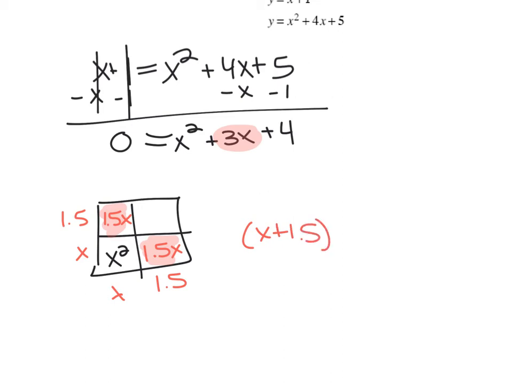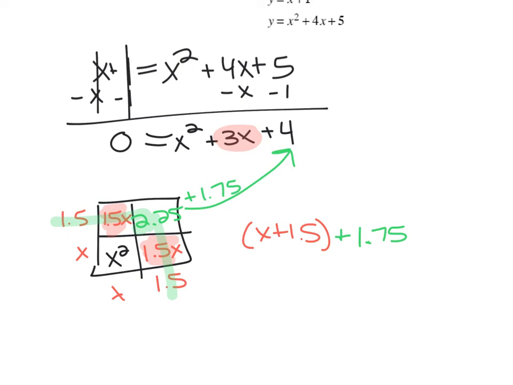And then we need to find out how much more we need to add on or subtract to get back to our original equation. So we're going to take the 1.5 times 1.5, which is 2.25. And then we look at how that 2.25 compares to the original 4. Well, to get all the way up to 4, we would need to add 1.75 back on.